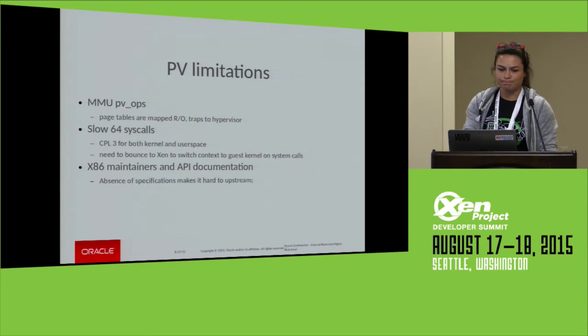That additional protection, which is still required, was provided by going back to the hypervisor on every system call for 64 bits. As I mentioned, the PV 64-bit kernel runs in CPL3, so you need to bounce back for system calls and context switches.